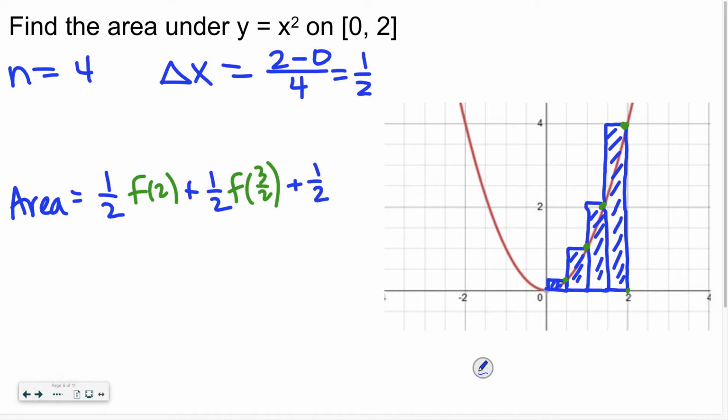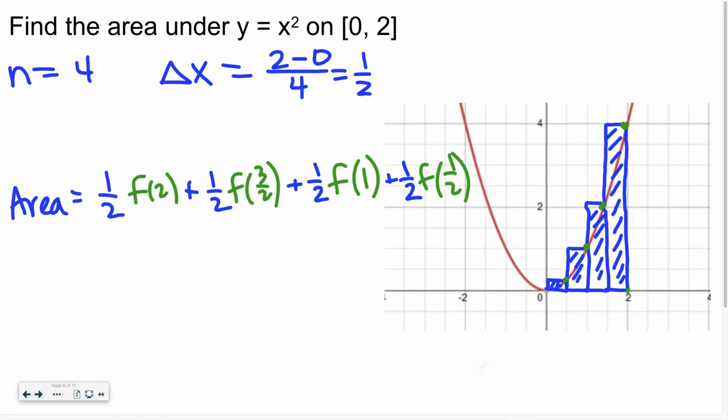Our next rectangle, our height is going to come from the y value at 1. And then our next rectangle, our height's coming from the y value at 1/2. Okay, so notice how these are all of the y values, but this time we're starting on the right side and going down by 1/2.